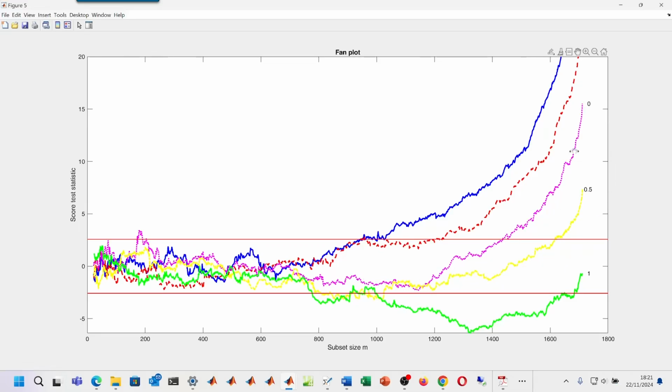Then there is the tendency that when the last observations enter the search, the value of the score test increases. And notice also the behavior of the trajectory associated with no transformation. Goes outside the band, then stays inside. This is the kind of behavior which makes monitoring extremely valuable.